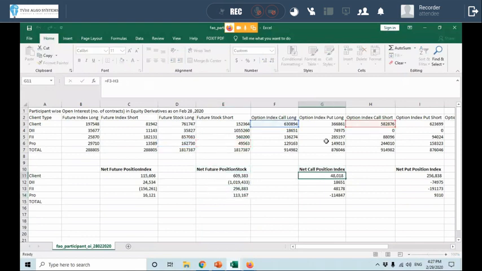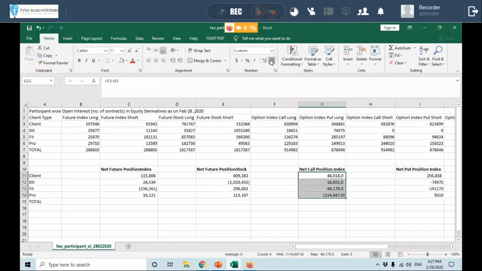Call position. Client is positive. DII is positive. FII is still positive. Now see this. FII, they have shorted index, and they have bought calls.